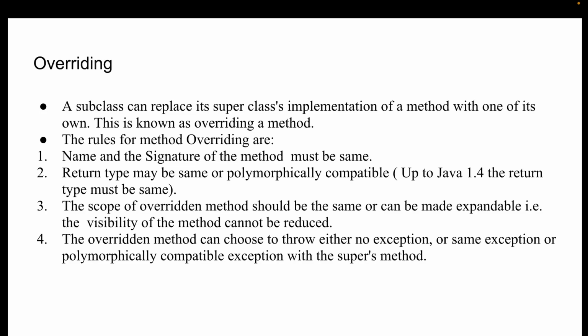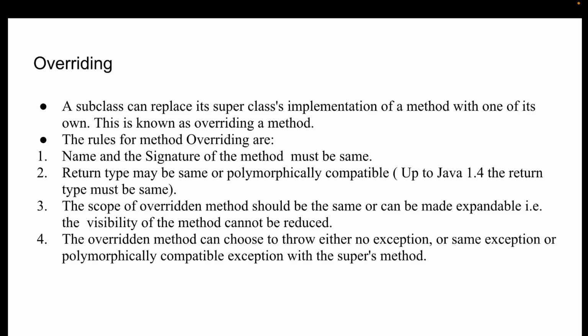A subclass can replace its superclass implementation of a method with one of its own. This is also called overriding a method. Whatever implementation was there in the superclass method, you are overriding that with another implementation in your child class. This is called method overriding.